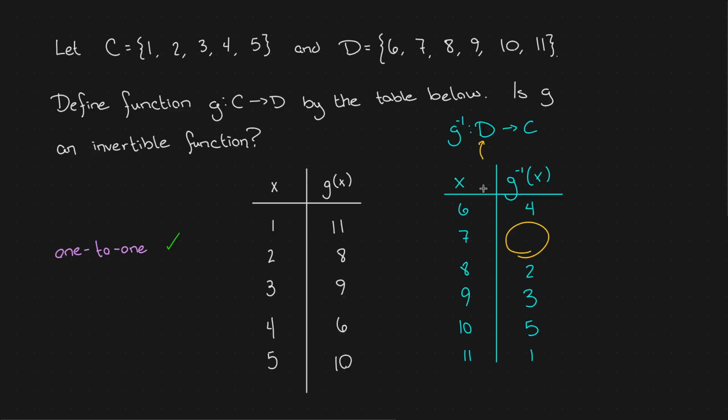For a function to be a function, I need to be able to map everything from the domain into the codomain. And here we do not have a rule for what to do with 7, because 7 does not appear in the image of G, in the range of G. So we've encountered another problem. This means that G inverse does not exist.